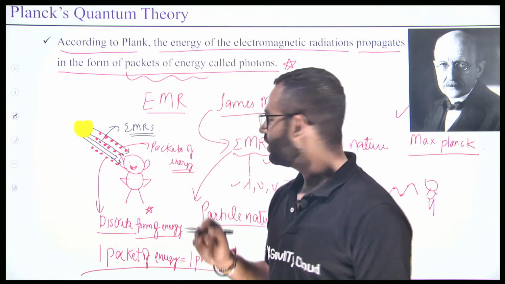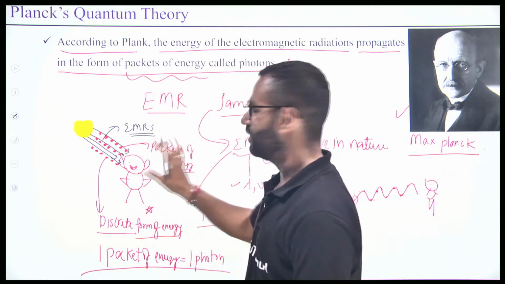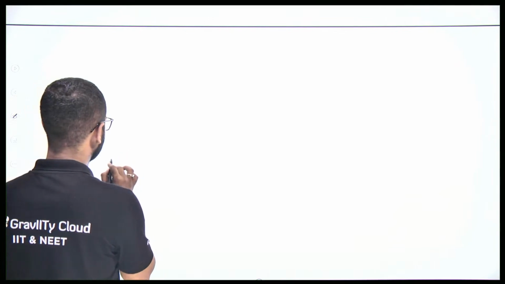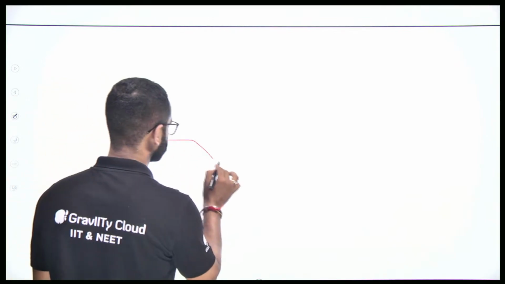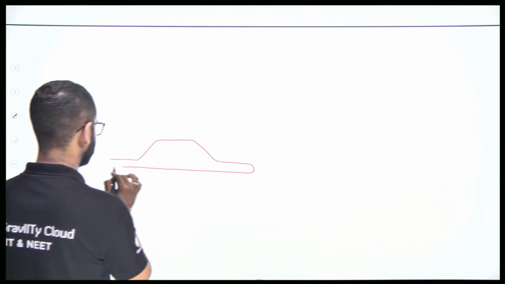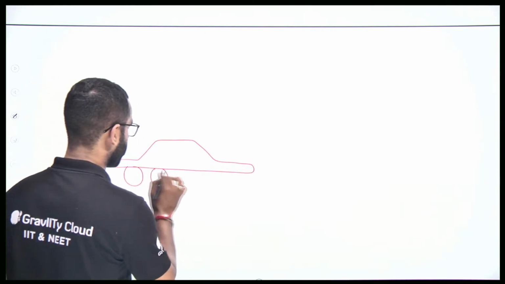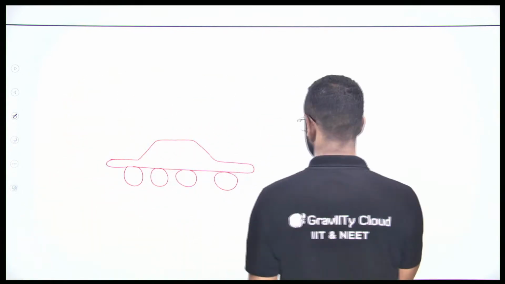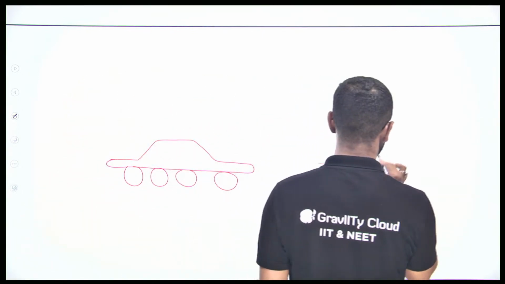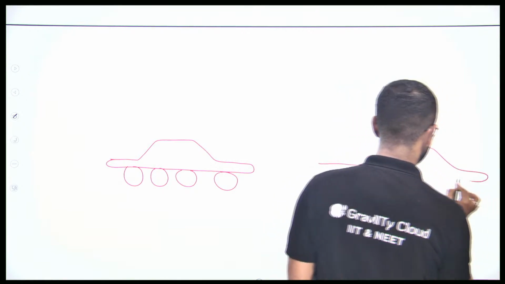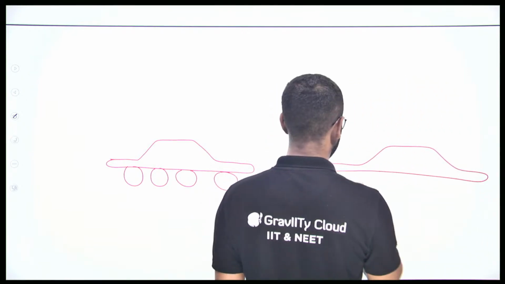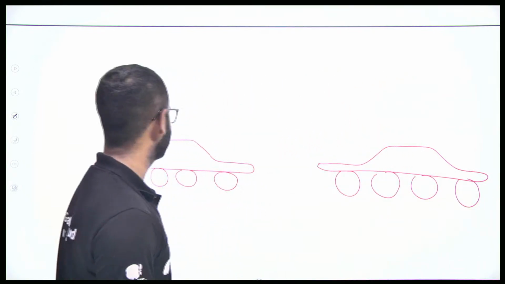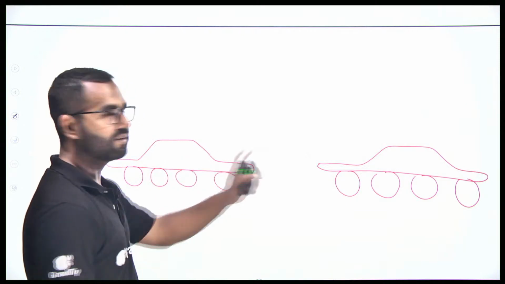Discrete means what? Let's take an example. Suppose this is my car, and this is another car.